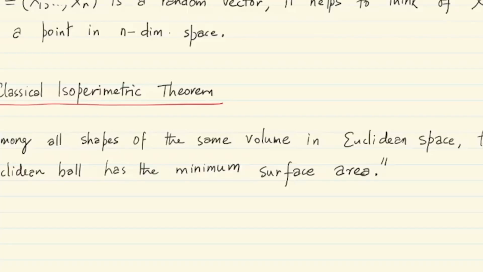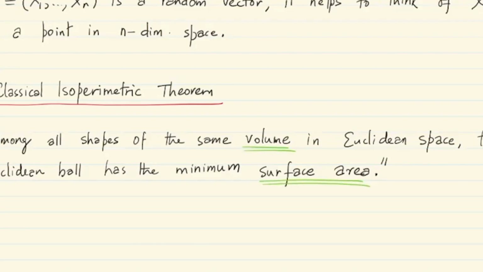It says, for instance, that among all shapes of the same volume in Euclidean space, let's think of three-dimensional Euclidean space as usual, if you're given a target volume and you want to find the shape which minimizes the surface area with the given volume, then it has to be a sphere or the Euclidean ball more generally. So this is essentially the most classical statement of isoperimetry there is.